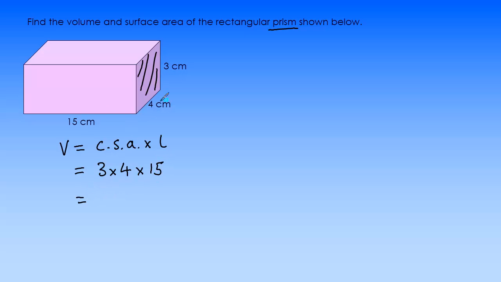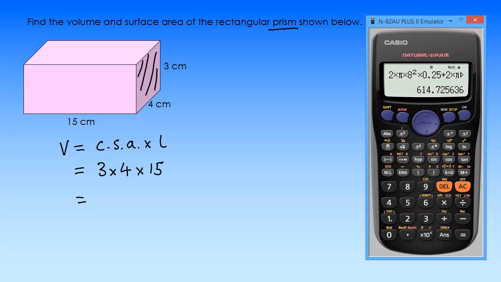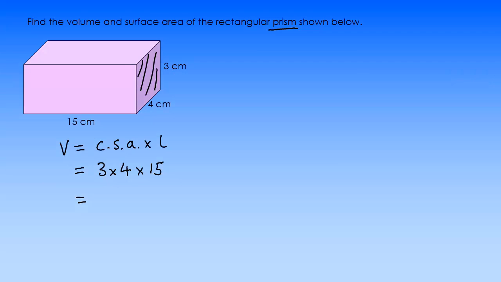Now in the case of the rectangular prism, you can see it wouldn't matter which one we chose, we'd end up multiplying the same 3 numbers together. So what we have there is 12 times 15, and that gives us 180. So we can say 180, and in this case all the lengths are centimetres, so centimetres cubed.